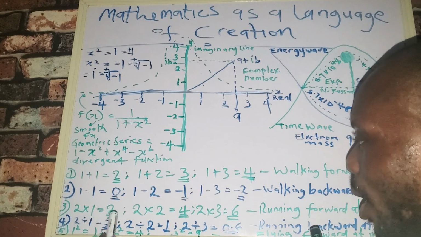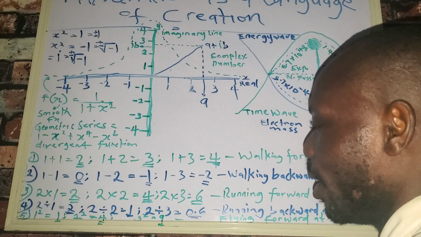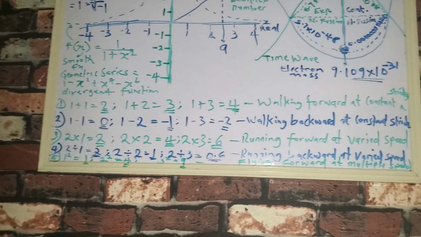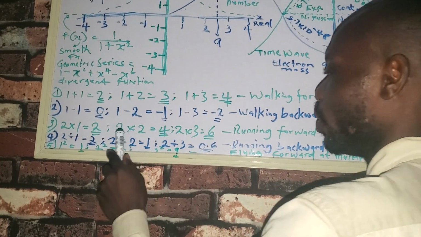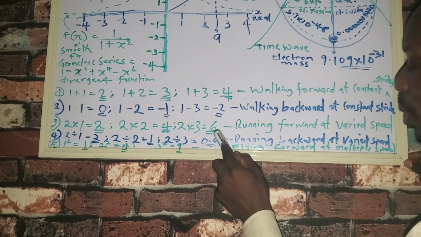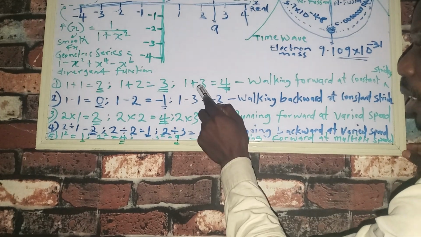Good. So now we have another operation, which is multiplication. We have 2 times 1, 2, 2 times 2, 4, 2 times 3, 6. Okay, we still have our positive integers the way it ought to be, but we discover that this particular operation is doing something different from the addition.